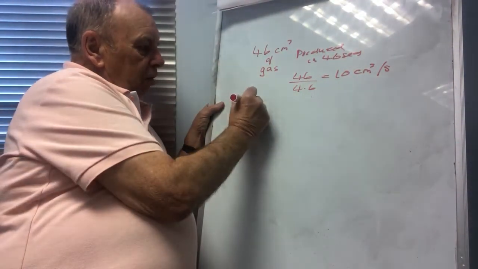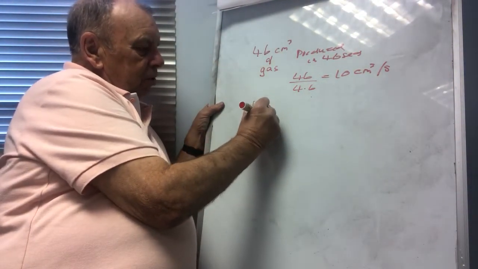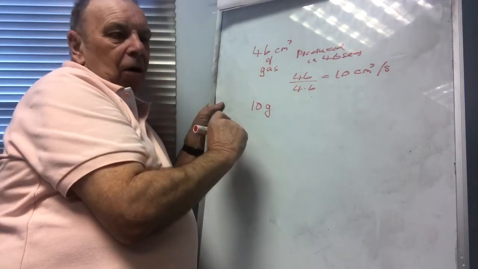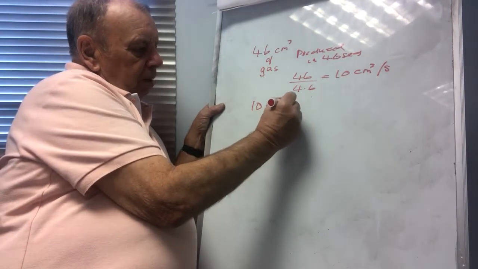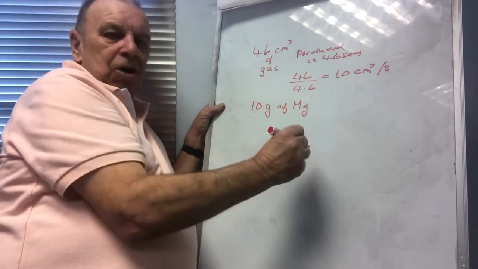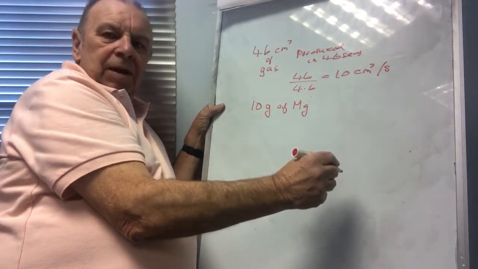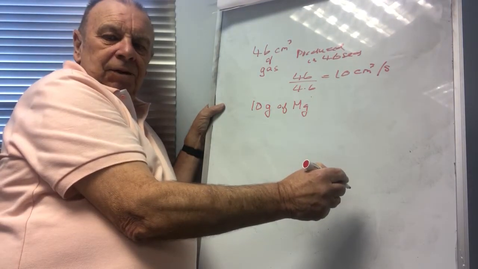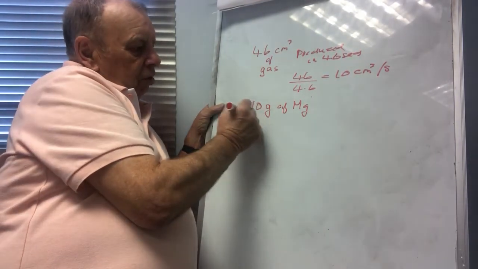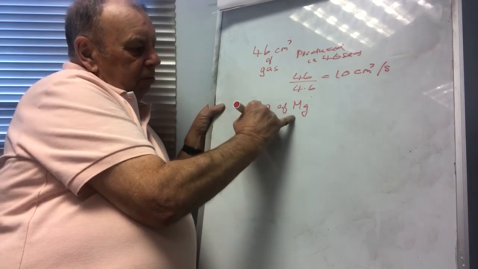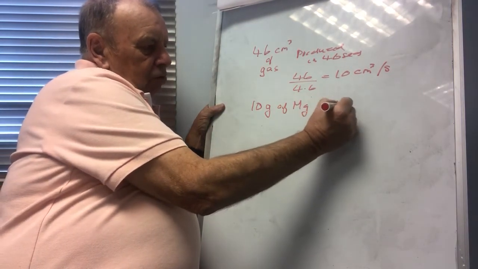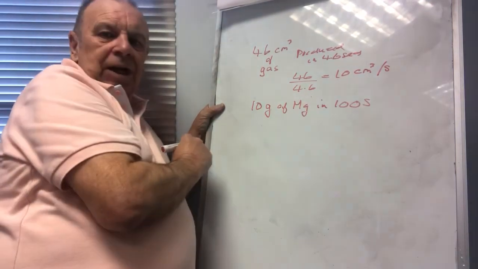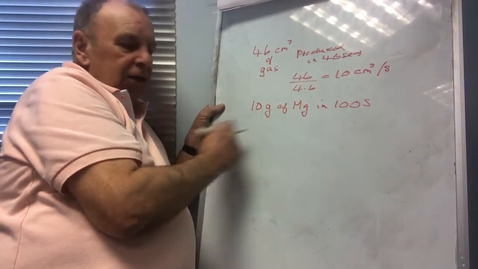Suppose I say I've got 10 grams of magnesium used up in 100 seconds. Calculate the rate of reaction.